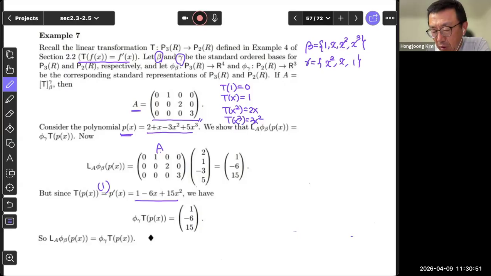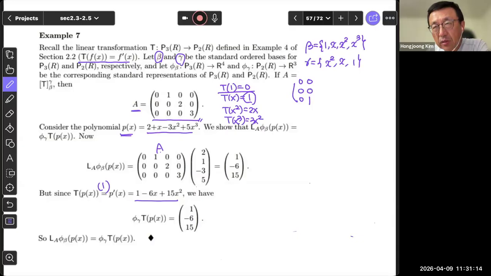Then what is the coordinate of 0 with respect to gamma? Just the zeros. And to get 1, I need to multiply 1 to the constant 1 and 0 to x and x squared. So the column must be 0, 0, 1.